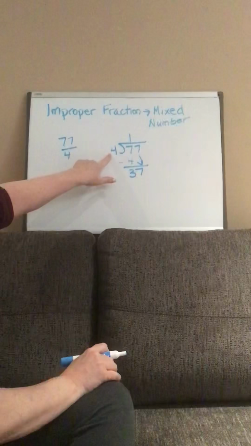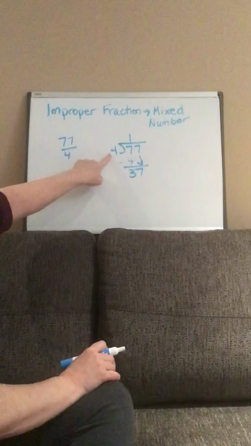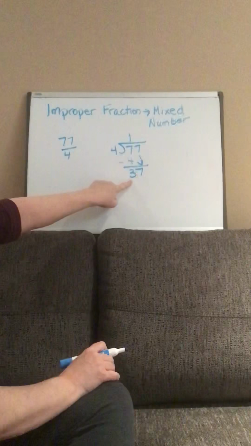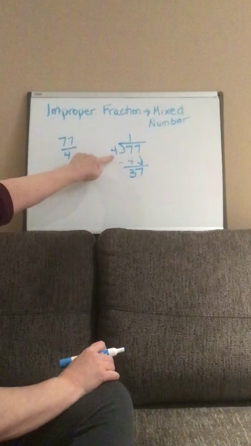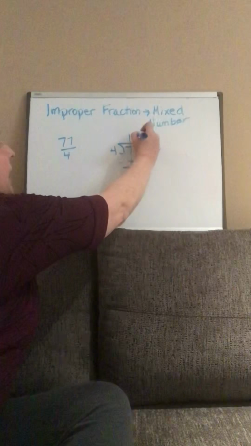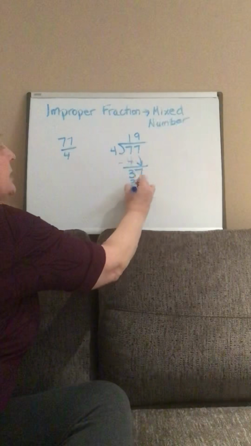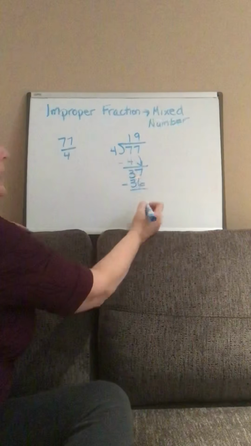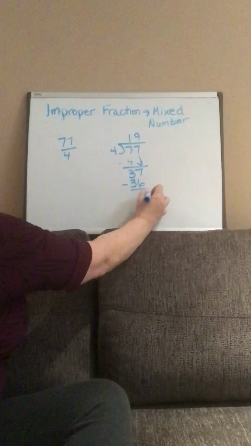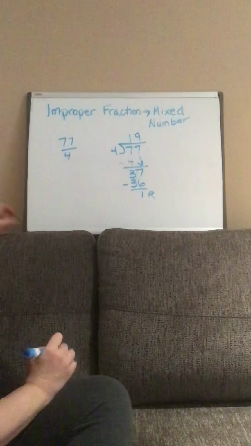Well, 4 times 10 is 40, so that's too big, but we're awfully close. 4 times 9 is 36. Again, if we subtract, we have a remainder of 1.